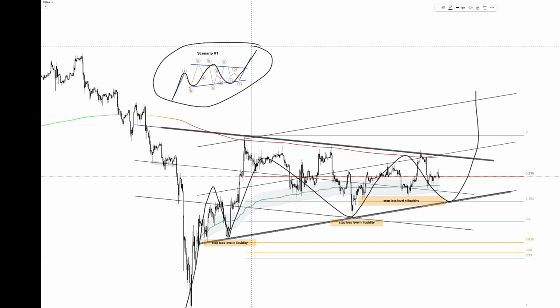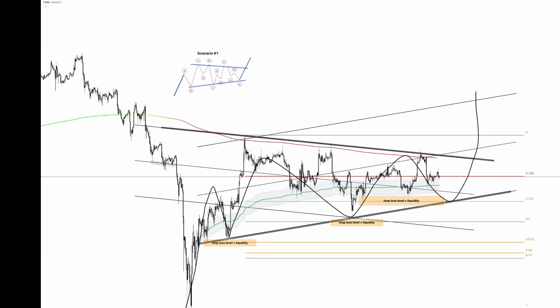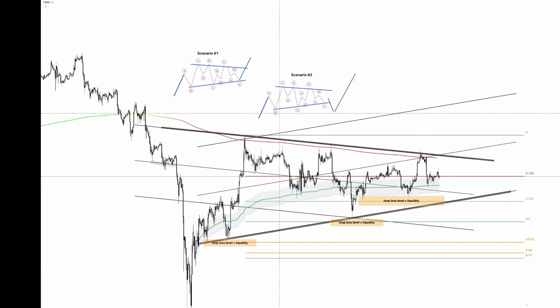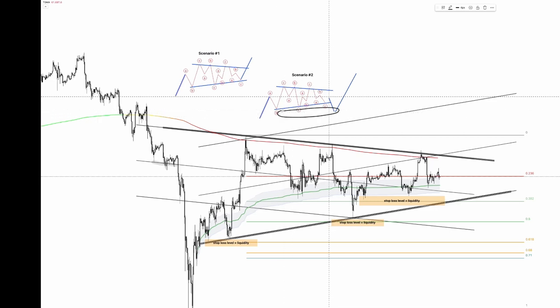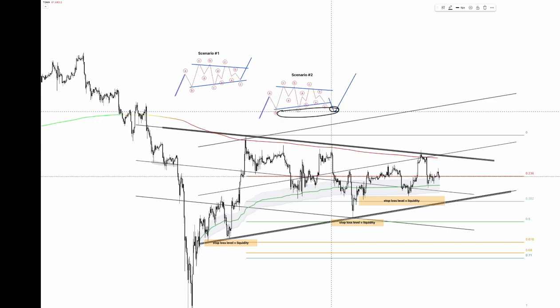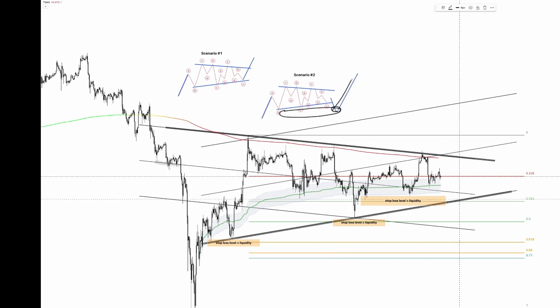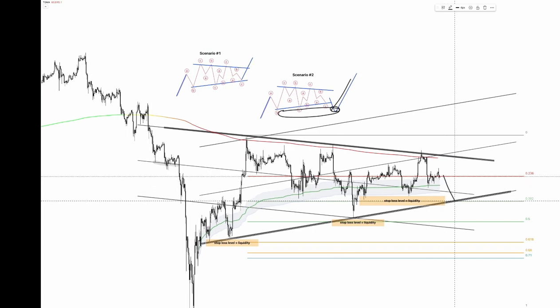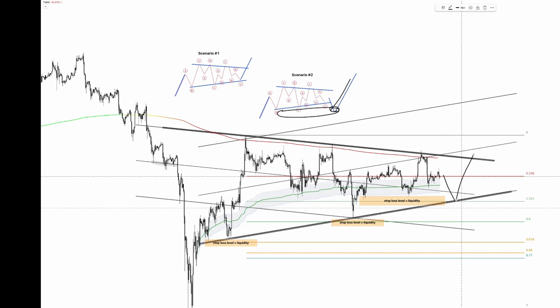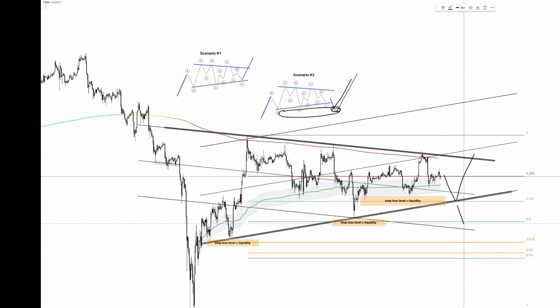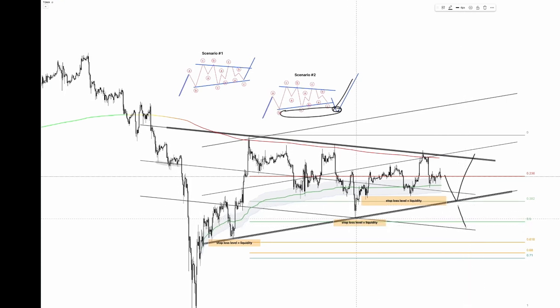But for the market makers, they don't want to make it too easy for us. And so you've got to be aware of the second model. The second model is this, where it goes for the liquidity underneath the longs. And that's where it comes down, fake out, and then up it goes. So in our case, if it comes down to here, it's still within scenario one and then goes up. However, they can play the game and take out this liquidity level.